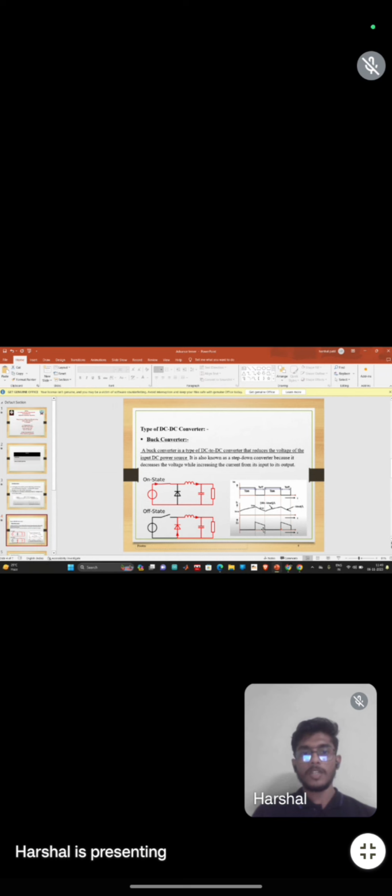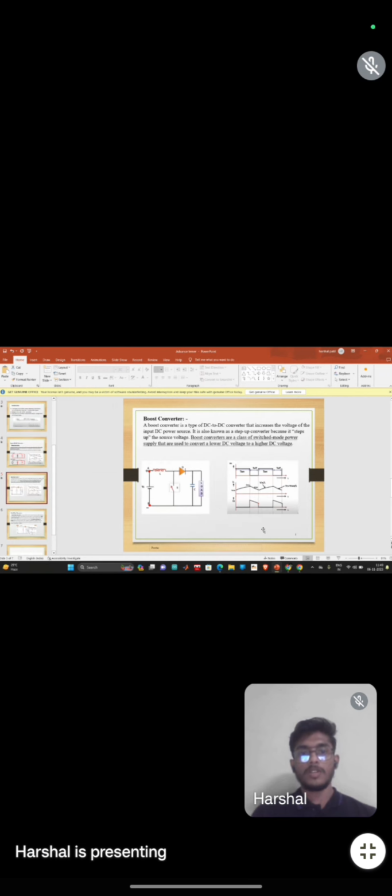Our next topic is the boost converter. A boost converter is a type of DC-DC converter which is used to increase the voltage of the input DC power source. It is also known as a step up converter because it steps up the source voltage. It will boost the source voltage. So it is also called a step up DC transformer.